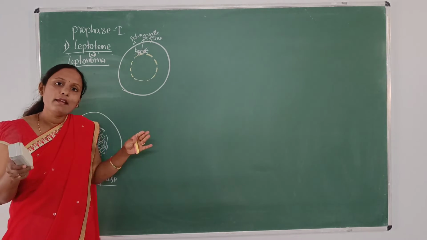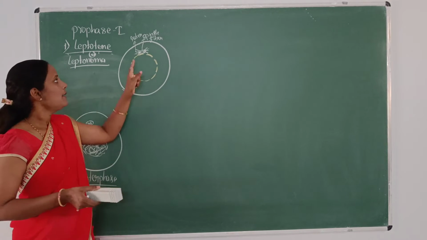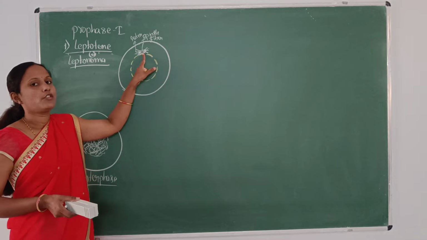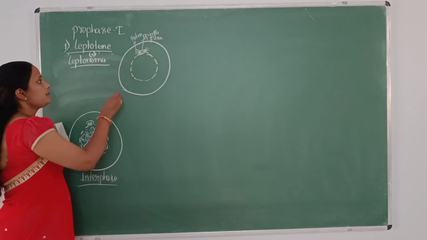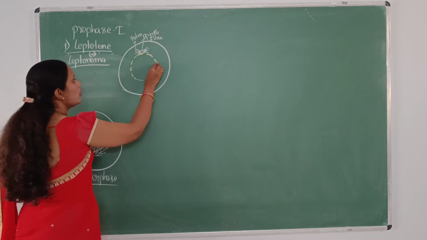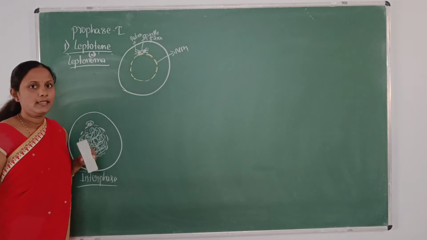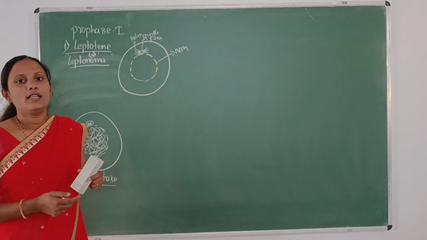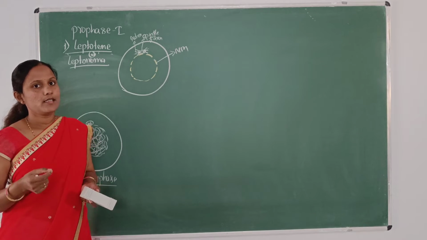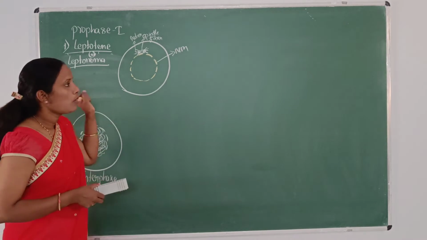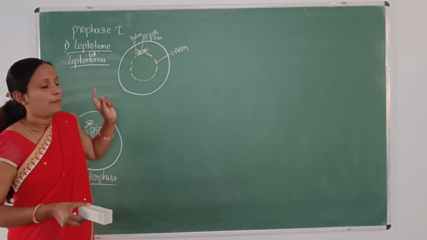They just started traveling, and there is a formation of spindle fiber between the two centrioles. Since the nuclear membrane is present as such, the other organelles associated with it, like the Golgi apparatus and endoplasmic reticulum, are also present. They have not disappeared in this stage, that is in leptotene.